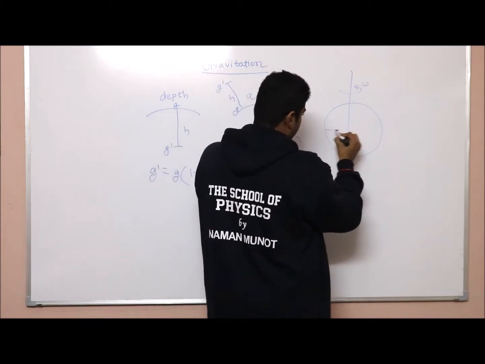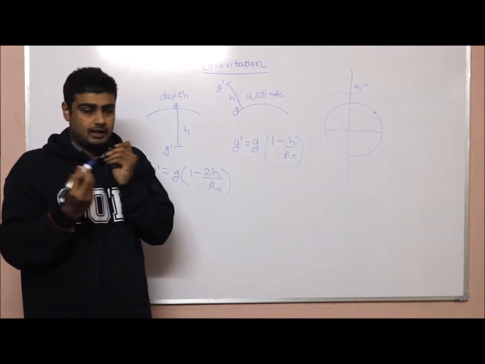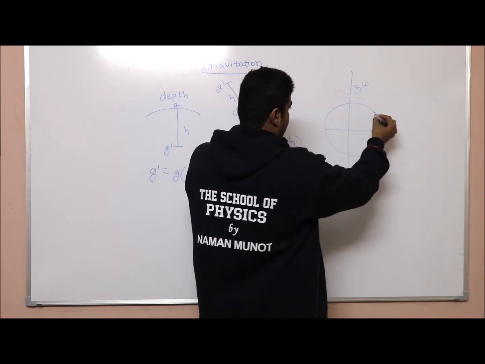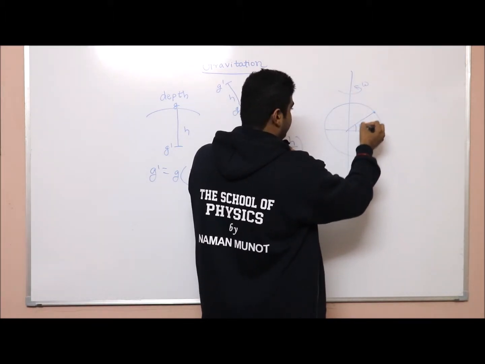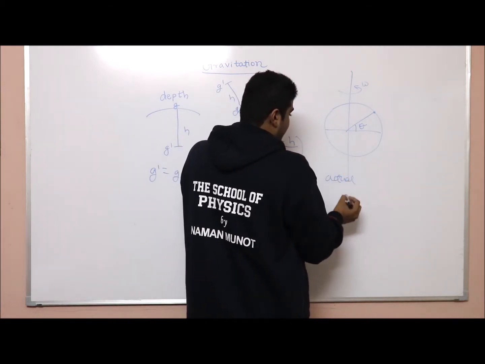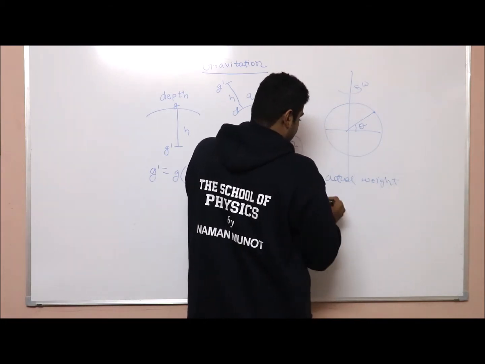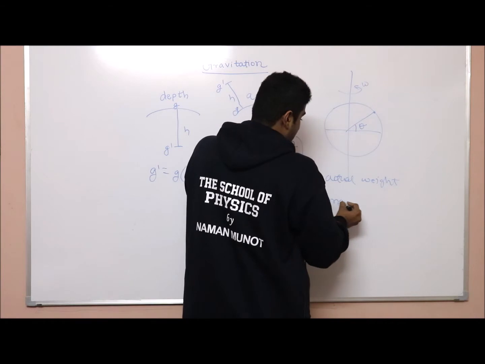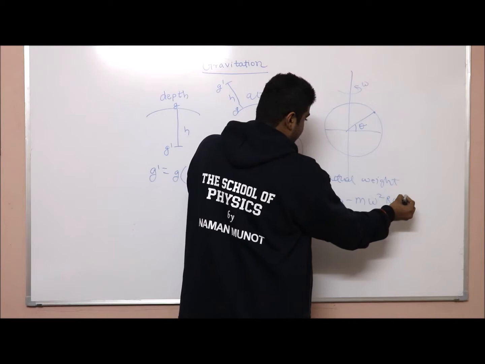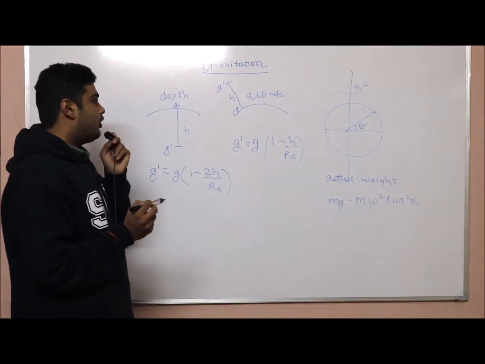If you are asked what is the weight that you will actually have when you are at an angle theta from the equator, you have to remember this: your actual weight will be less than mg, and it will be equal to mg minus m omega square r cos square theta. You have to keep this in mind. Direct questions will come, you just have to apply the formula.